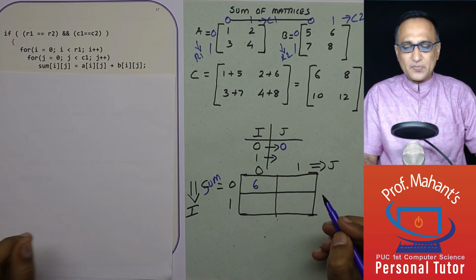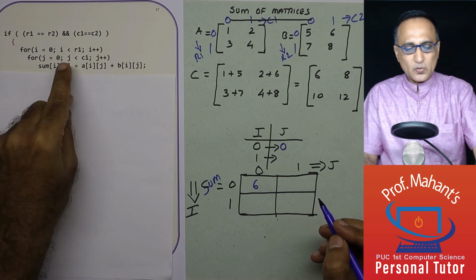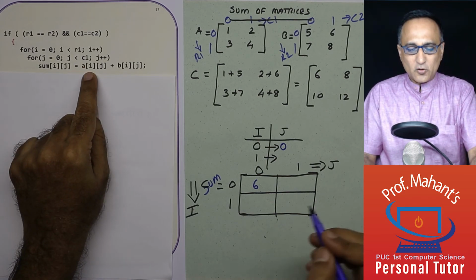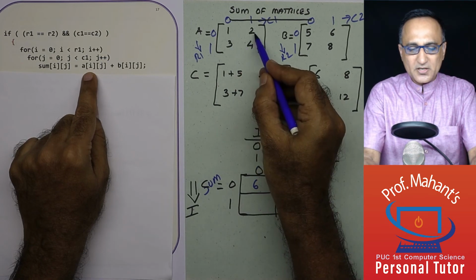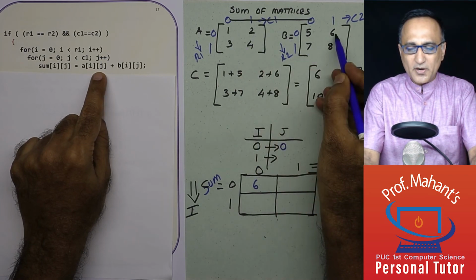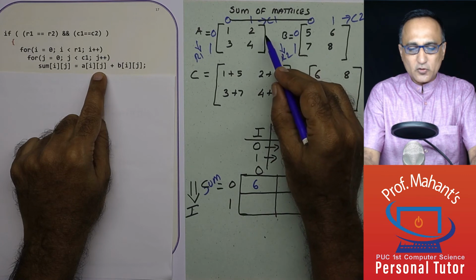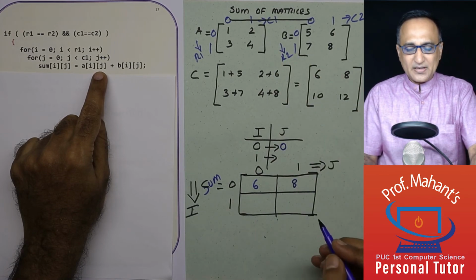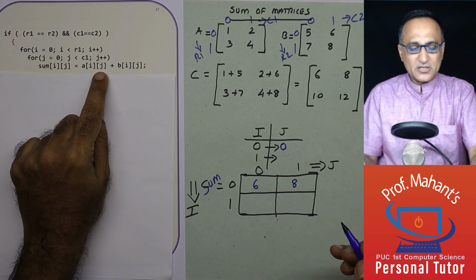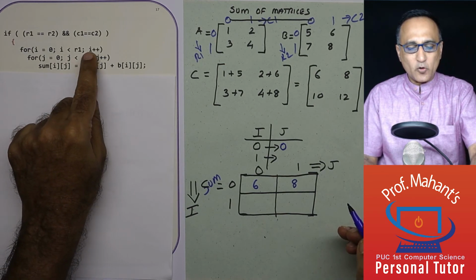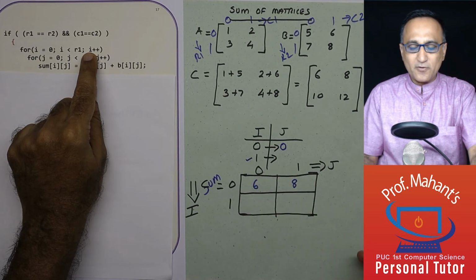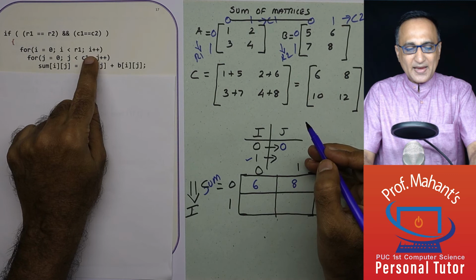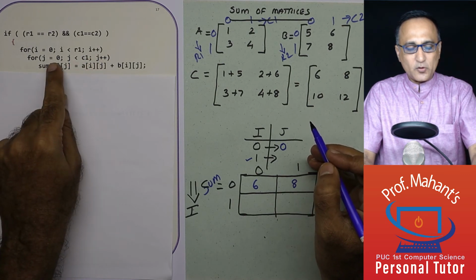Then j is increased by 1. j becomes 1, which is still less than 2. Now i is still 0, and 0 and 1 refers to 2 here and 6 there, so 2 plus 6 is equal to 8. Then I increase j by 1. It becomes 2, and 2 is not less than 2, so I go back and come to the next value of i. Now i is 1, and j is back to 0.